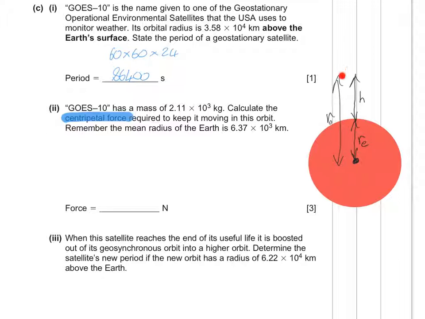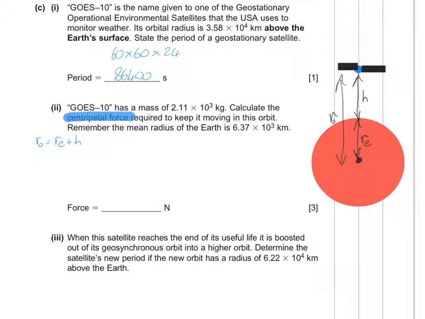So the radius of the orbit up to where the satellite is going around consists of these two numbers being added together. So our orbit radius equals Re plus the height h that they've given you. And we also know that the centripetal force on an object will equal mv squared over r, or m r omega squared.